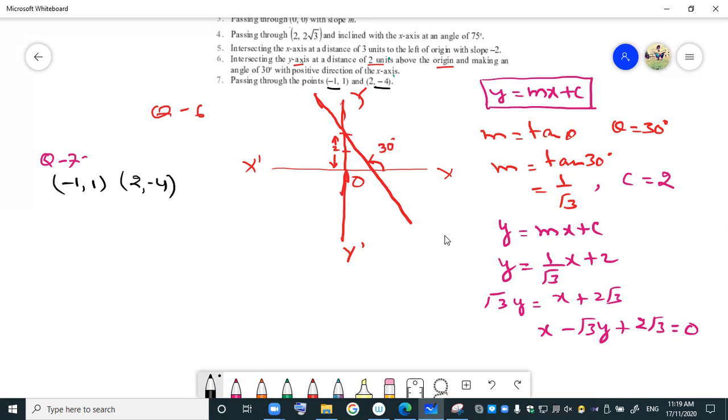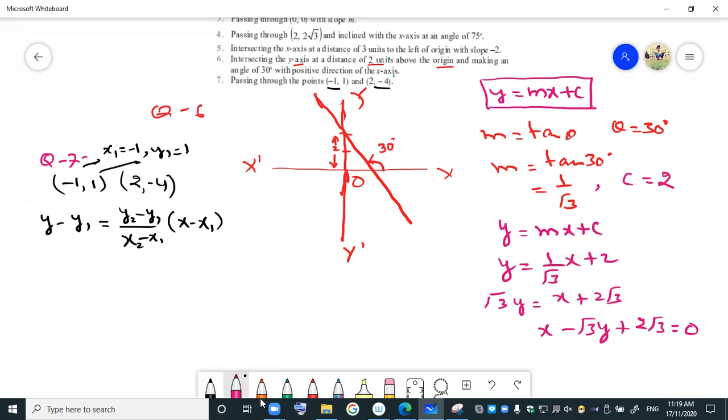So the equation of a line passing through 2 given points, the formula is y minus y1 equals y2 minus y1 upon x2 minus x1 into x minus x1. And here x1 is equal to minus 1, y1 is equal to 1, x2 is equal to 2, and y2 is equal to minus 4.